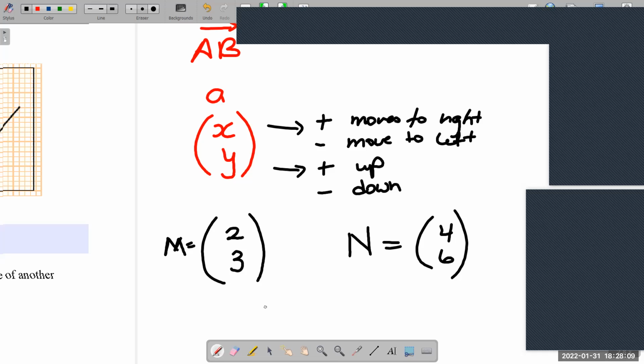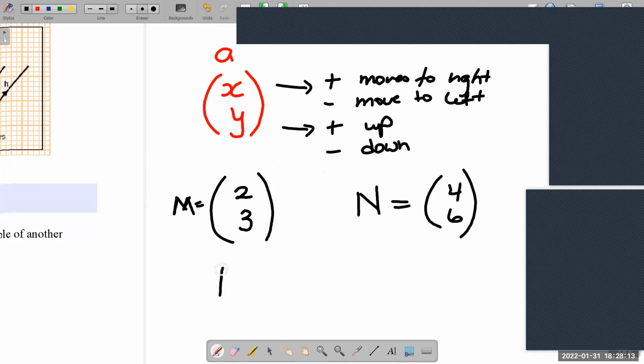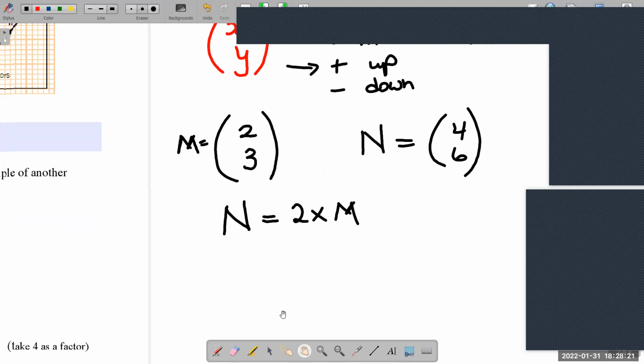So guess what? This just simply means that N is equal to 2 times M. Right or wrong? Everybody agree? Because what is N? N is (4, 6). And 2 times M, what is M? (2, 3).